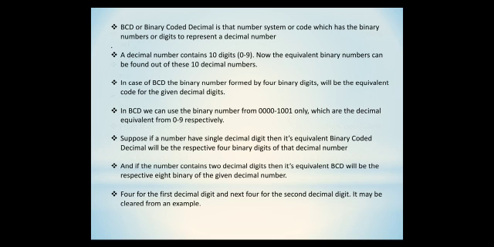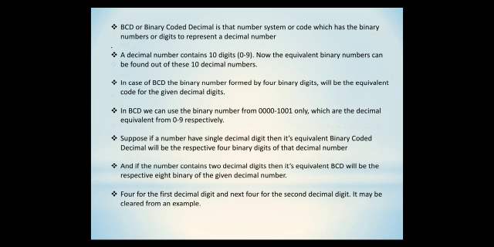In case of BCD, the binary number formed by 4 binary digits will be the equivalent code for the given decimal digit. In BCD, we use the binary numbers for 0 to 9, which are the equivalent of decimal 0 to 9 respectively.